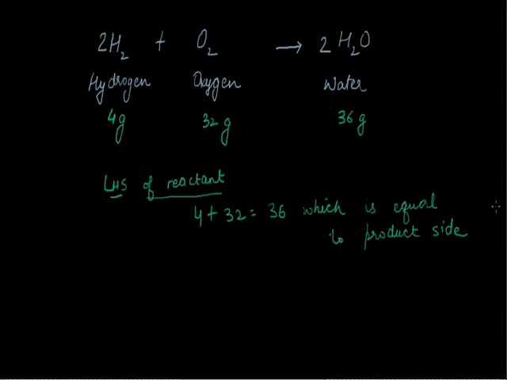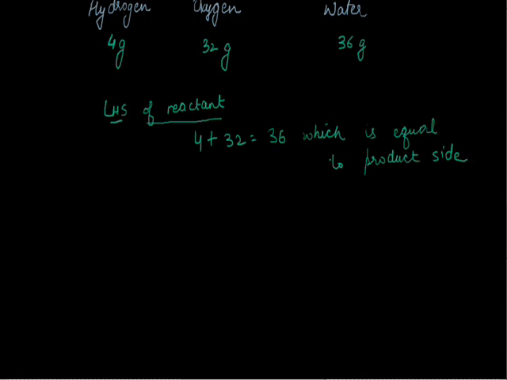But as we know from the first law of thermodynamics of physics, every machine doesn't have 100% efficiency. So we have two cases for this law. First is case 1. If all the reactants get converted to products, then mass of reactants will be mass of products.